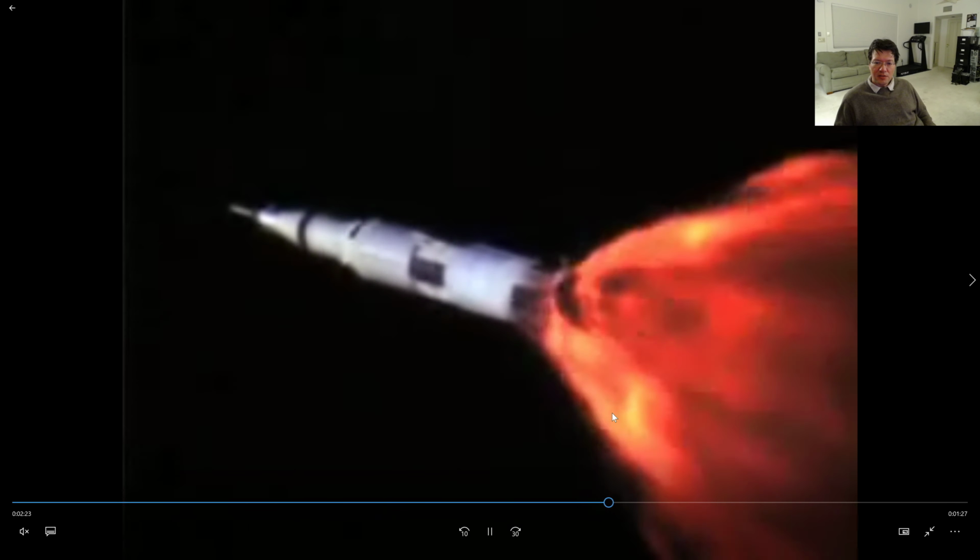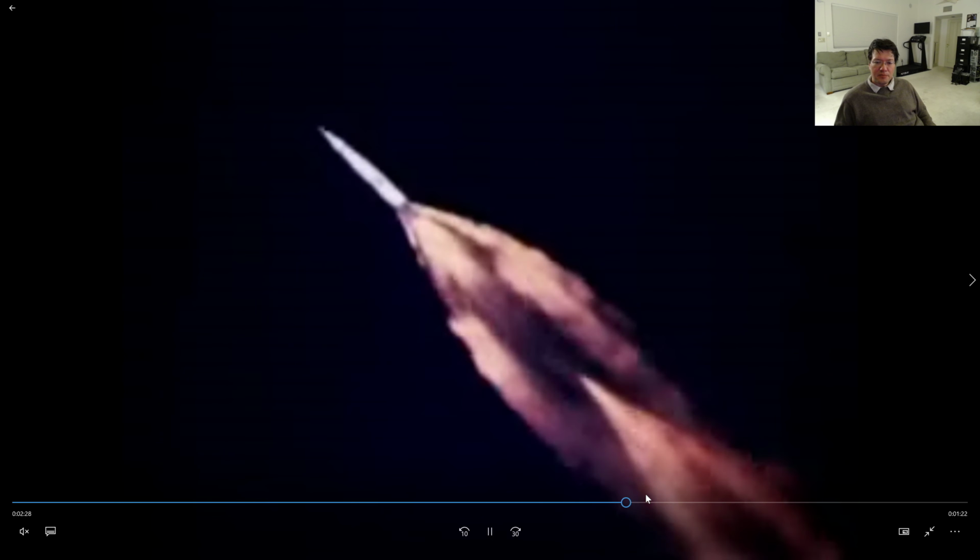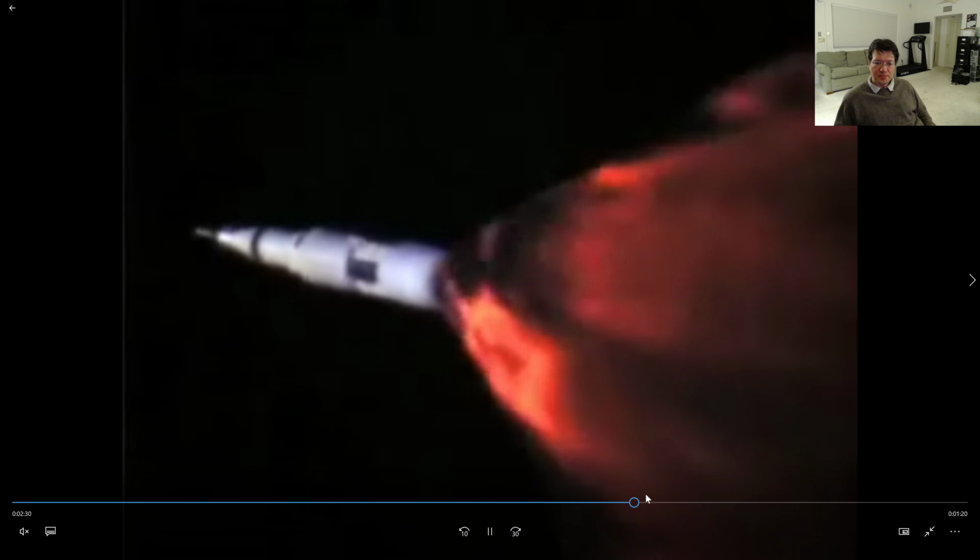Getting very overexpanded here, or underexpanded. And I think that's about all I need to show. Here you can't see it as well. So there's a stage separation.